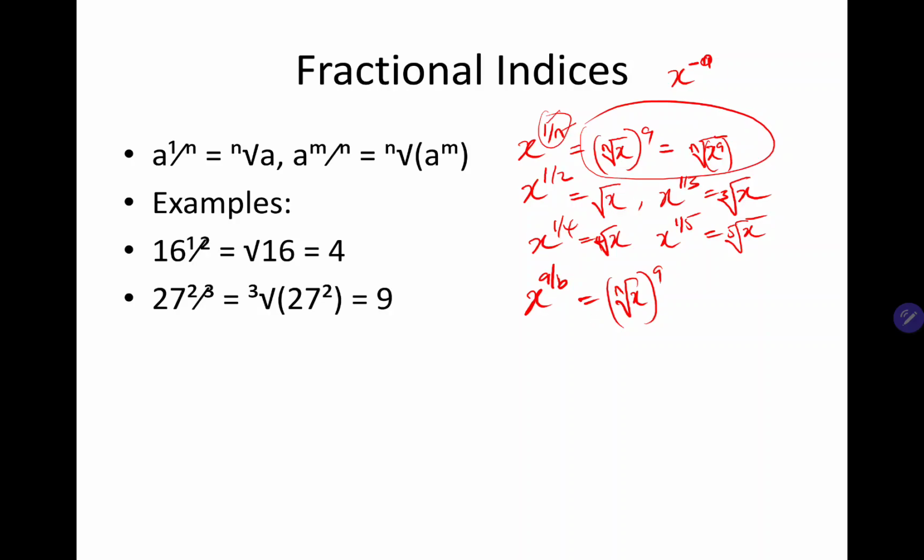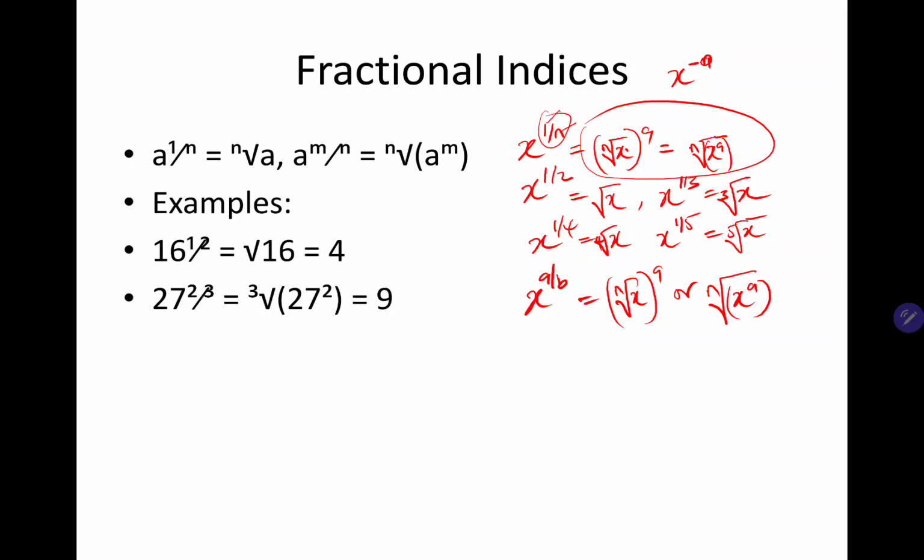But if 1 is not the numerator, then you have to apply this here. So the nth root of x, all raised to power a, is the same thing as x raised to power a and then you look for the nth root. You will arrive at absolutely the same answer, positively.